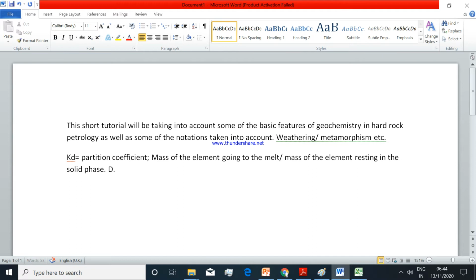which is actually dependent upon the Kd, or depending upon the pressure and temperature as well as the ionic radius and charge, as well as activation energy.